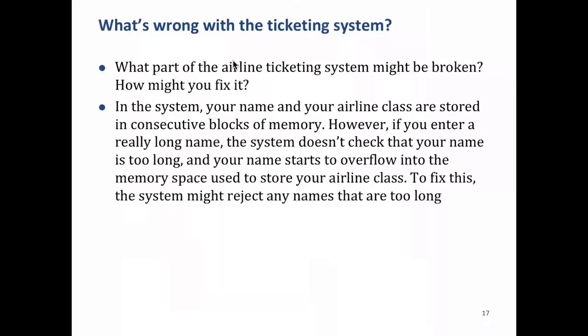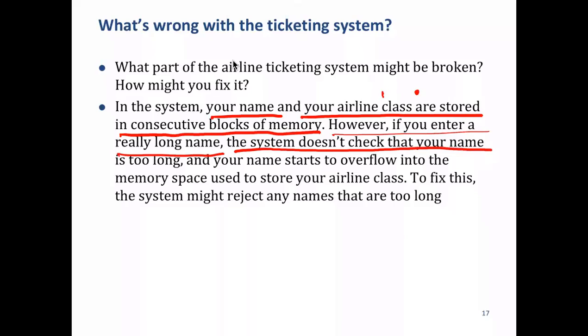All right. So now we can see what's wrong with the ticketing system. The problem is that your name and your airline class are stored in a consecutive block of memory. If you enter a really long name like Smith HHHH or whatever, the system doesn't check that your name is too long, and your name starts to overflow into the memory space used to store your airline class.